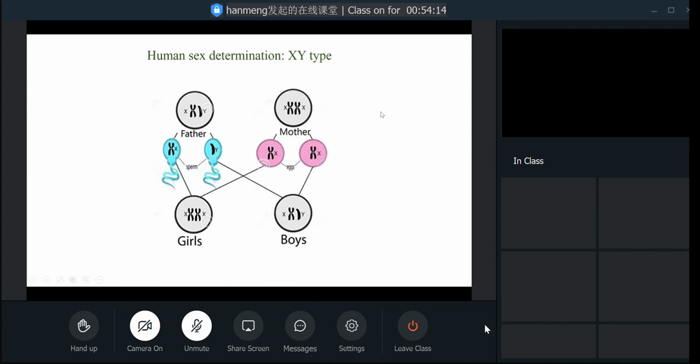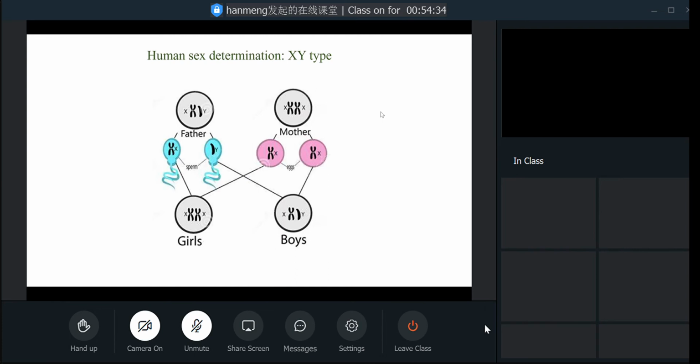Also, after class, you can search the internet for some other sex determination types. They have the ZW or ZO or XO types in some other species.